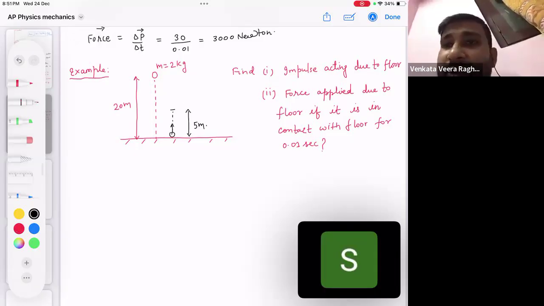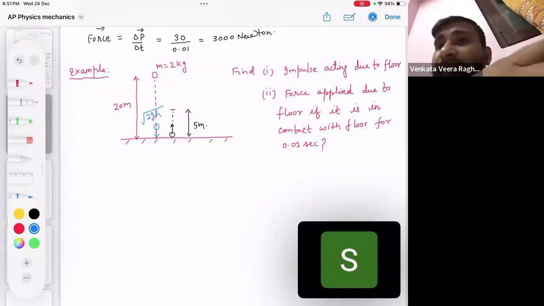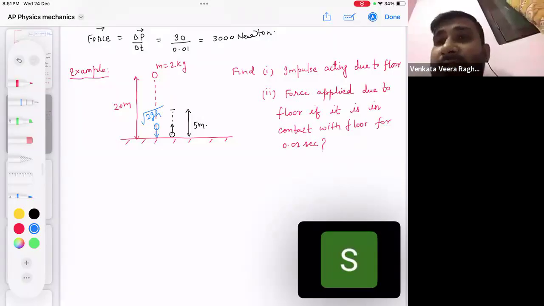So it means, do I have to find out with what velocity it is going to strike the ground? Can I say that this velocity is going to be under root of 2gh? That's what we learn in 1D, isn't it? That's what we learn in motion under gravity. What will be velocity before striking the ground? Under root of 2gh. Understood?